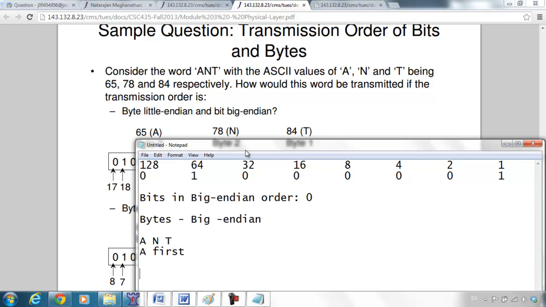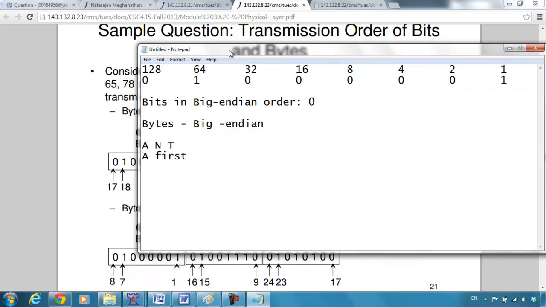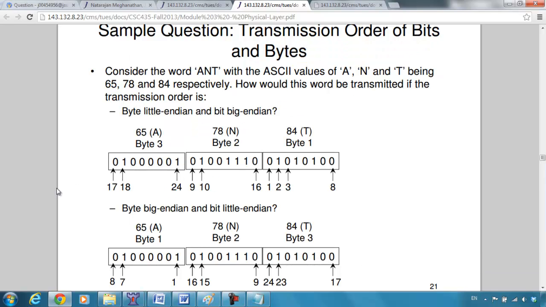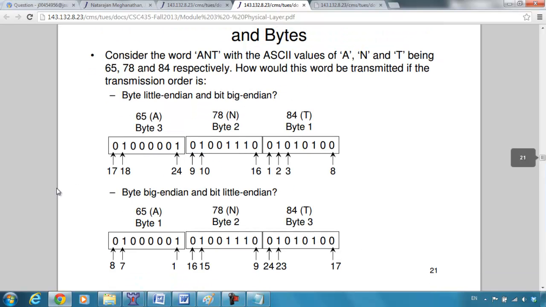Okay. If you want to send the bytes in little endian order, you send T first because that's the least significant character. Okay. So in this example, you have bytes sent in little endian order. So T is sent first, and then N, and then A, and the bits within a byte are sent in big endian order.